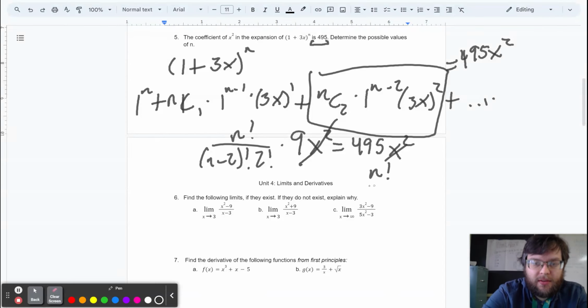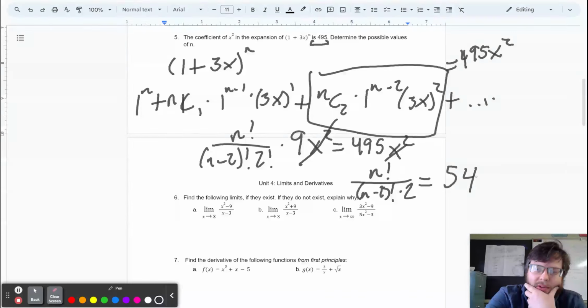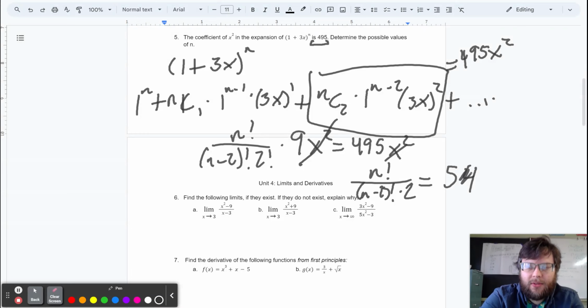And so I have n factorial over n minus 2 factorial times 2. 9 goes in there 54 times, I think that's right. Because 9 times 5 is 45, and you have 45 left over. So 55 times. Yeah, that makes sense.